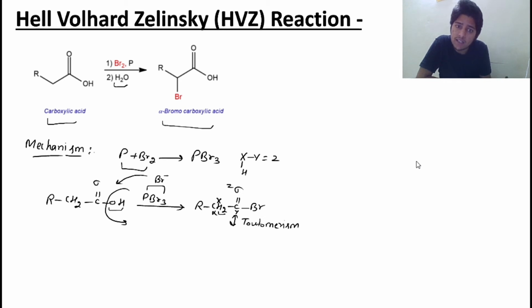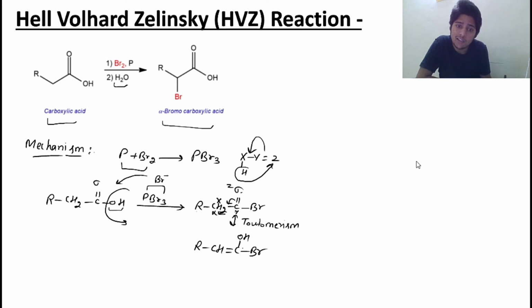Between Y and Z we need a double bond. Now we just need to transfer this hydrogen to Z, and transfer the double bond between Y and Z to between X and Y. So one hydrogen goes to this Z, only CH remains, and the double bond goes between X and Y. So we get RCH double bond, and here OH will form, and Br already.